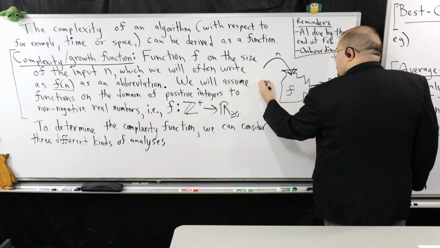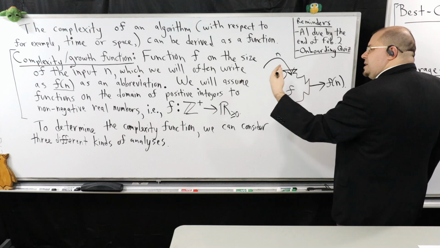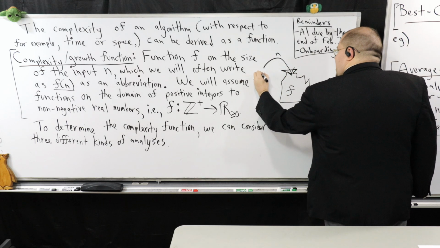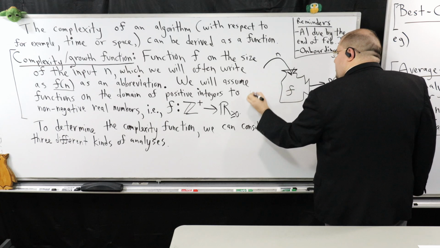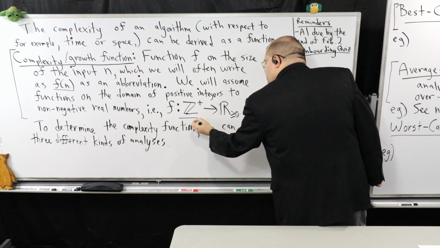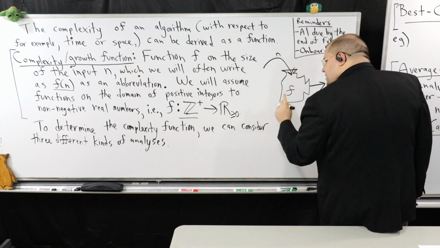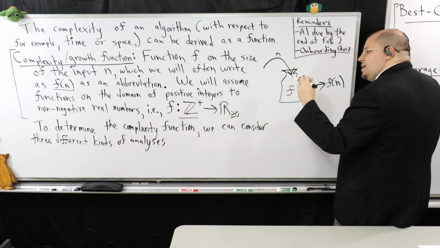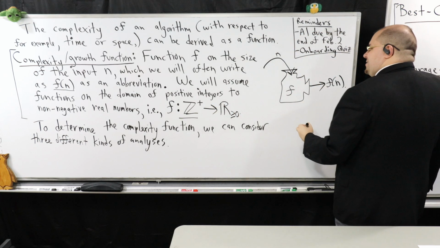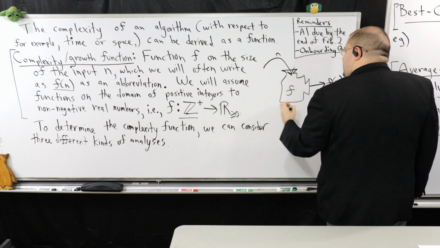The input, at least in this course, for most circumstances we're going to run into, I'm going to assume is what we call a positive integer. So often I'll write this as a blackboard Z, which means the set of integers, with this plus meaning positive. So this n here is always going to be a positive integer.